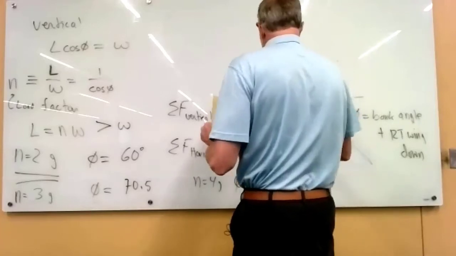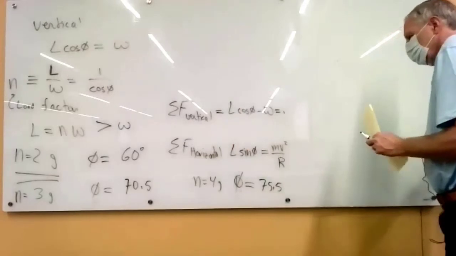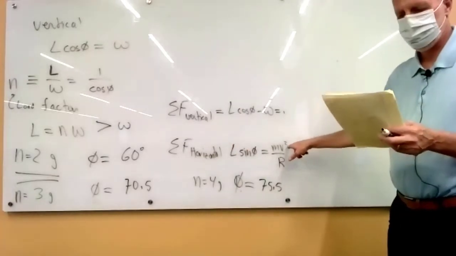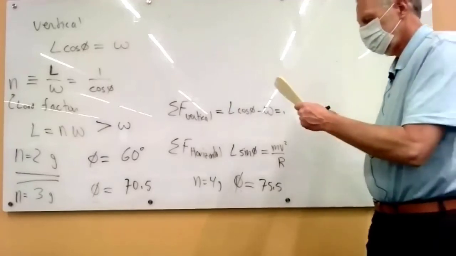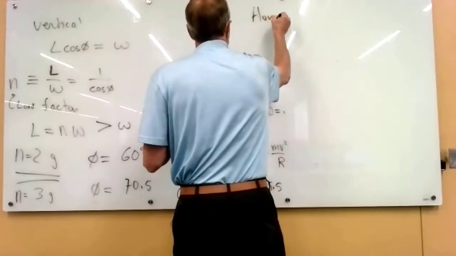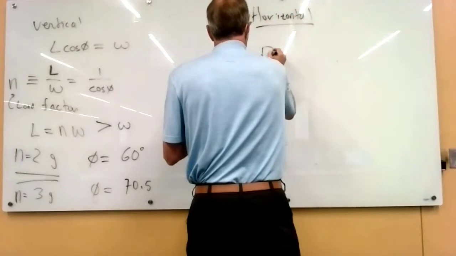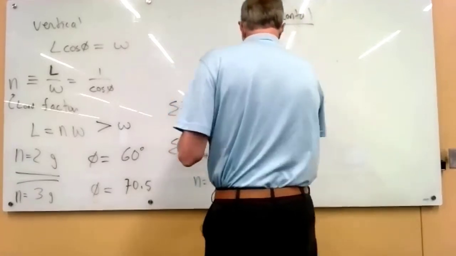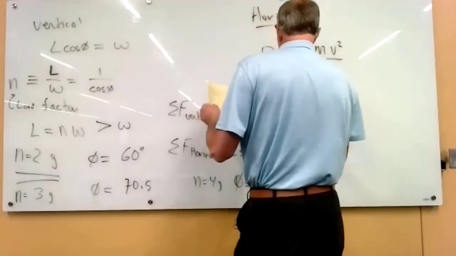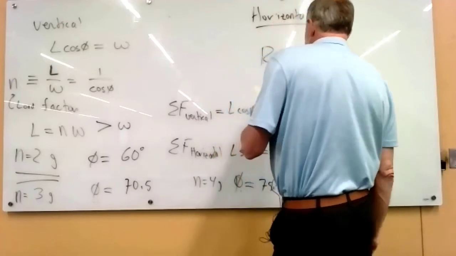The other equation that we have here tells us information about the turn radius and the velocity. So let's see, from the horizontal force equation, we solve for R. So R is equal to m v squared over L sine of phi.